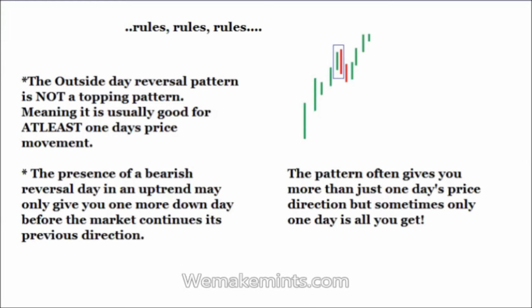Well, actually, you may only get 1 day in the direction of where the pattern's sort of telling you it's going. So if you see a downside reversal in an uptrend, don't expect the price to fall a good 10 to 20% and you make 10-20% on your trade, because it might not happen. It may only give you 1 day. It normally always does give you 1 day, but that might be all you get.